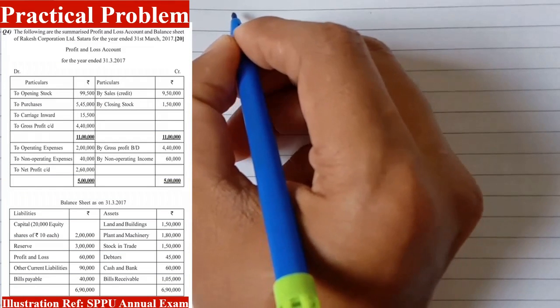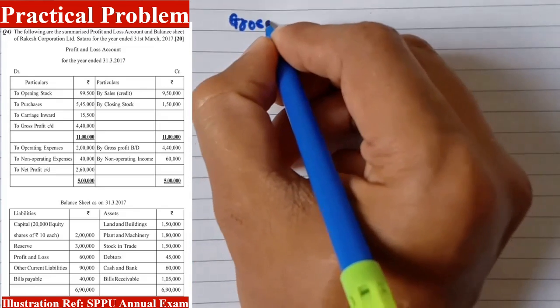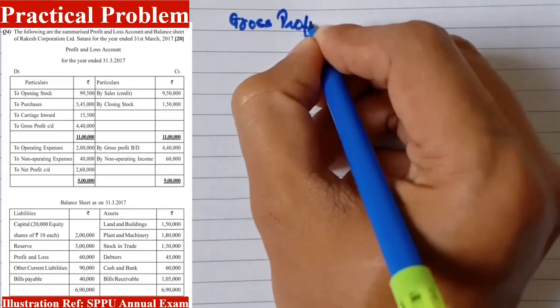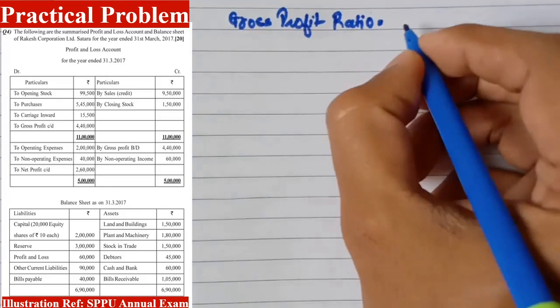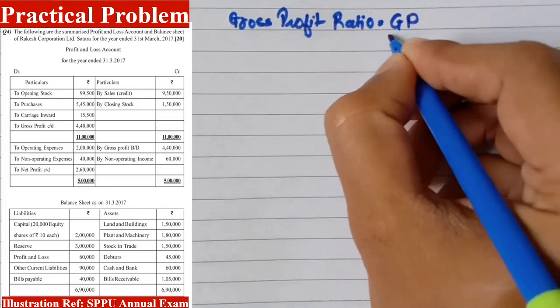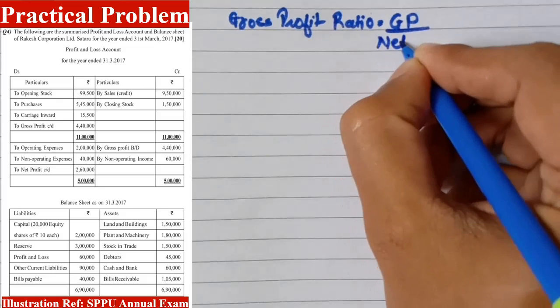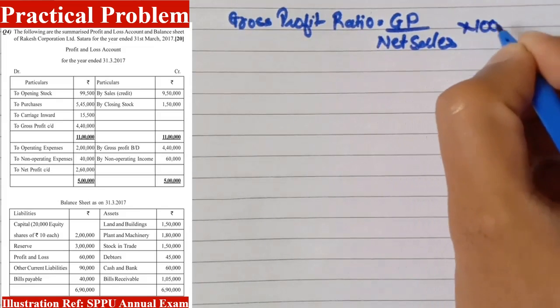Let us calculate gross profit first. Now gross profit ratio is gross profit upon net sales into 100.